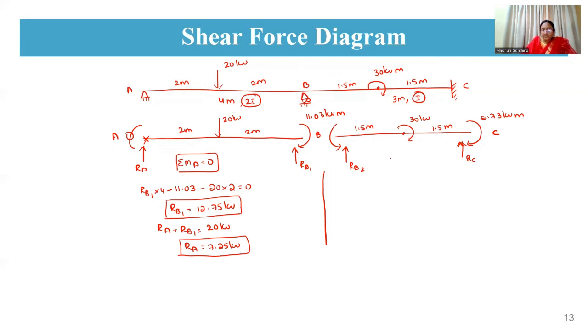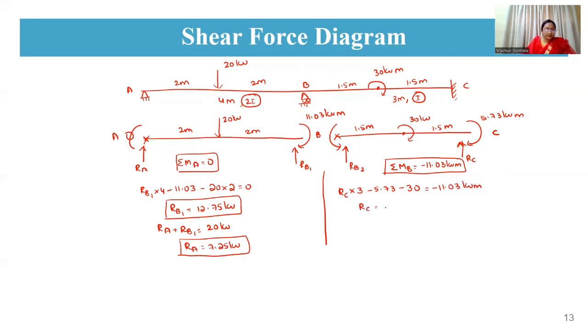Similar way, when I take in this BC span, moment about B will be equal to hogging moment. So that is minus 11.03 kilonewton meter. Therefore, about B point I'm considering, RC into 3 minus 5.73 minus 30 will be equal to minus 11.03 kilonewton meter.